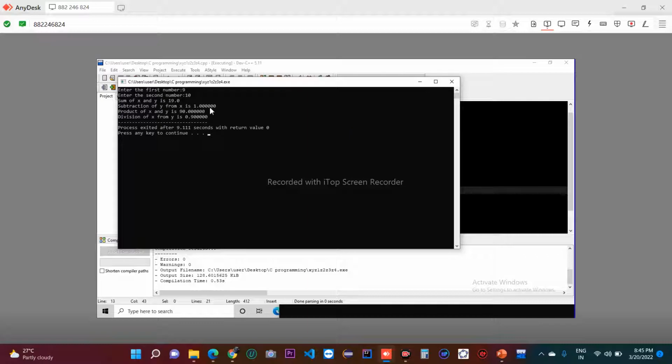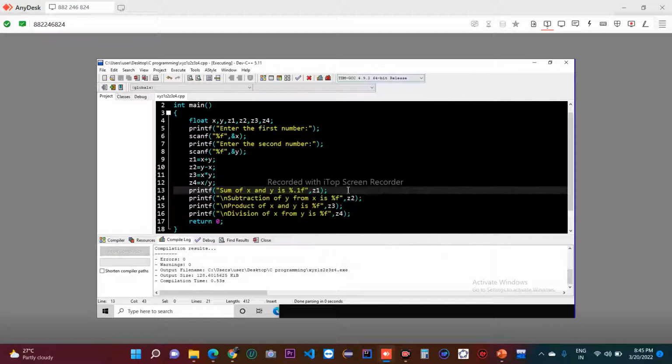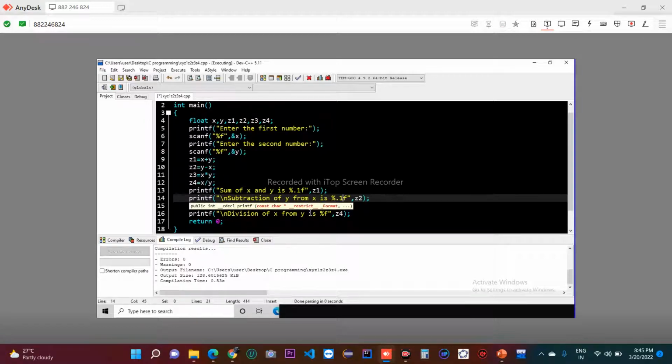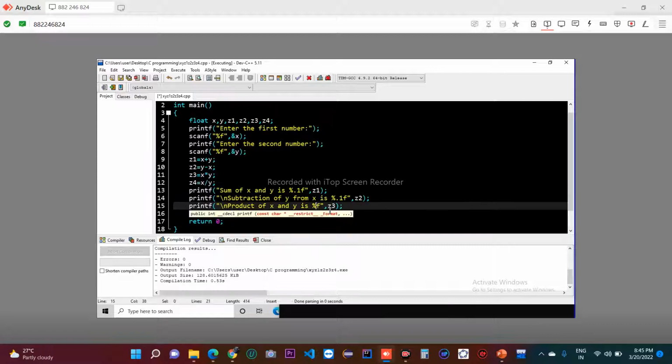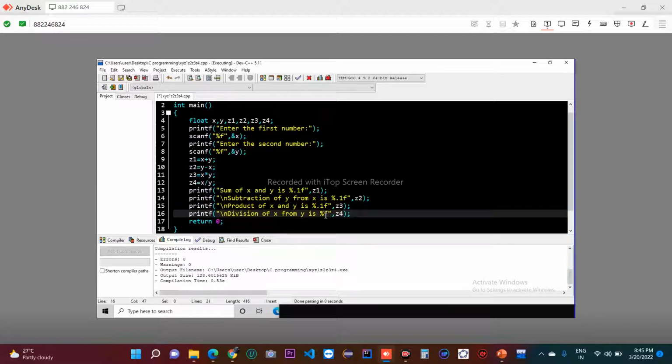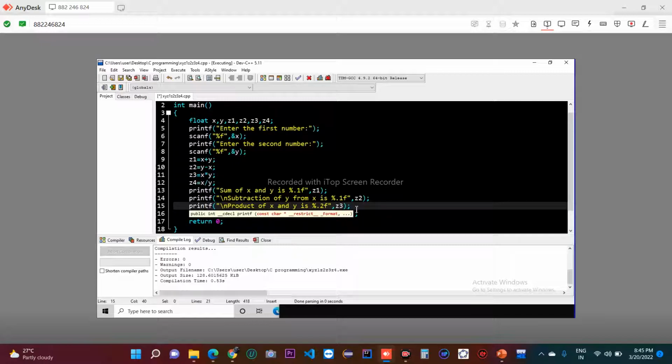So we want to get output for up to only one digit after the decimal. Then what shall we do? We just write .1f. If you want the output up to 2 digits, then we'll write .2f. If you want the output up to 3 digits, then we'll write .3f.